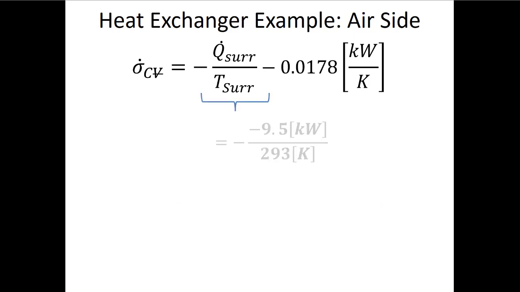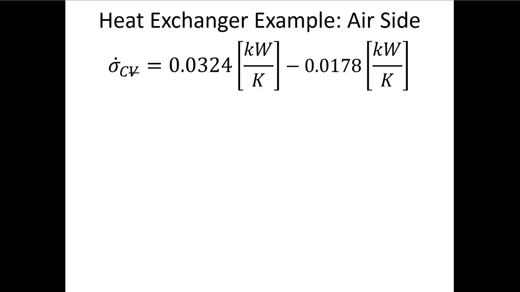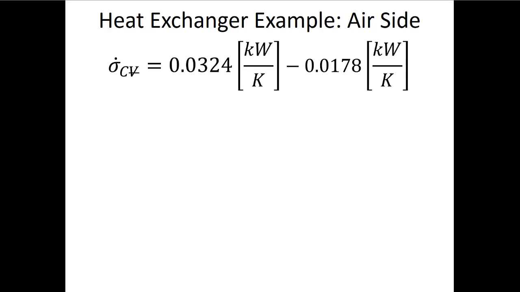So now I know which heat transfer I want to pick. I know which temperature I want to pick. I put these both in and I see that I get an entropy generation rate in this first term of 0.0324. And that's great because that's bigger than the entropy generation rate we have in here, which was negative.